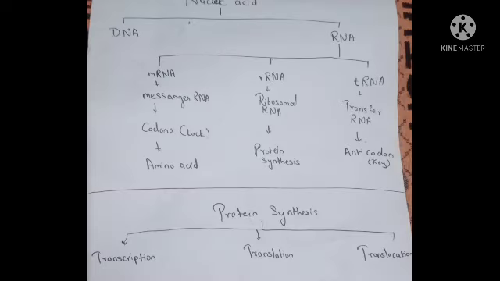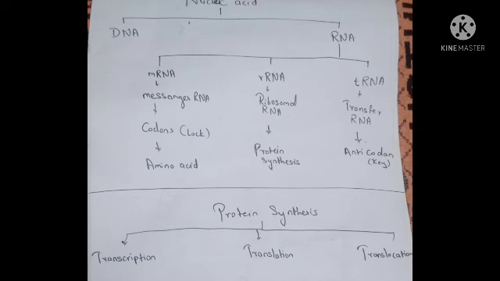A chart for you all. I hope you all can see it clearly. I'll just read it out for you. Upper side there is written nucleic acid. This nucleic acid is present in the nucleus. Nucleic acid is further subdivided into two parts, DNA and RNA.